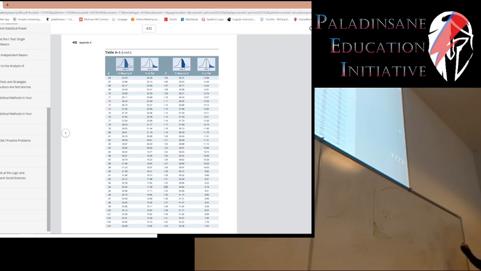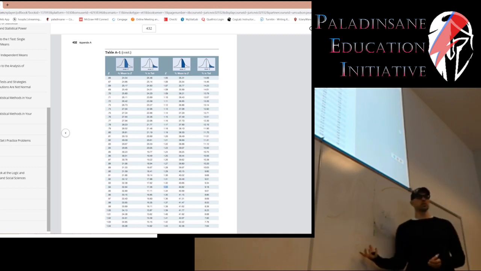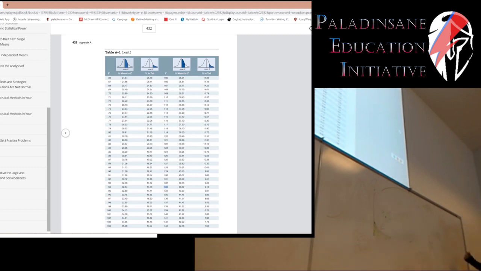So our population mean is 100. That's the mean IQ score. And we're using this information because we want to transform our raw score into an IQ score. So we can get our IQ score: a mean of 100 plus the 1.33 that we just found, multiplied by our standard deviation of 15.